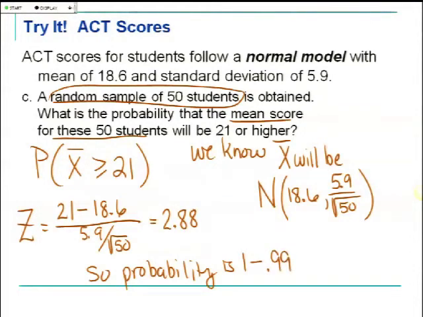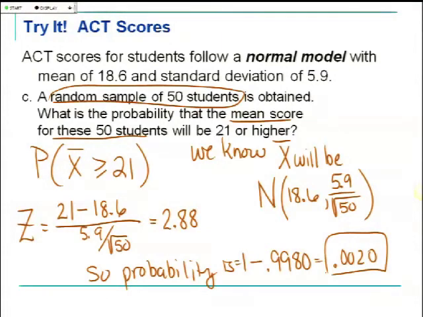And 2.88 would give you 99.8 as the area to the left. 1 minus that is pretty small. It is not likely that the average of 50 randomly selected students would be that high, of 21 or higher. 18.6 is what the true mean is. Averages of 50 people should vary around that true mean, and the fact that you aren't going to get 21 or higher kind of makes sense, that it wouldn't be that far away.